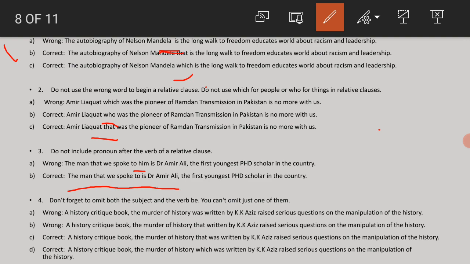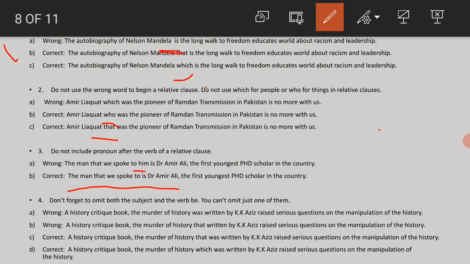Either you have to remove both the relative pronoun and the verb from this sentence, or you need not remove them. You can use the adjective clause in its unreduced version. As I have told you earlier, you can use unreduced version of adjective clauses in your writings, and that is perfectly fine from a grammatical point of view.